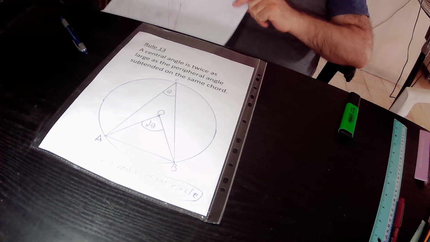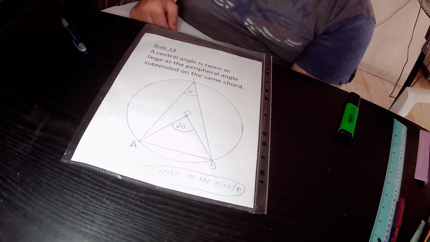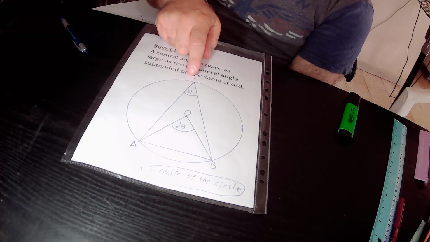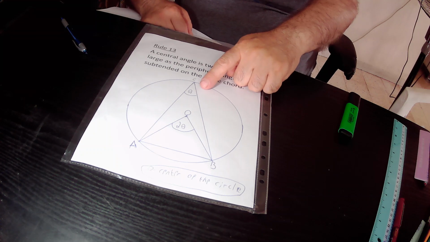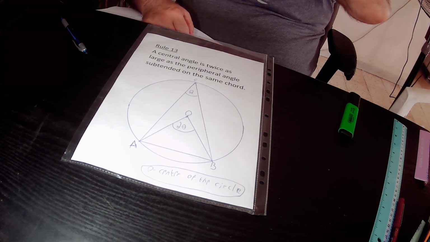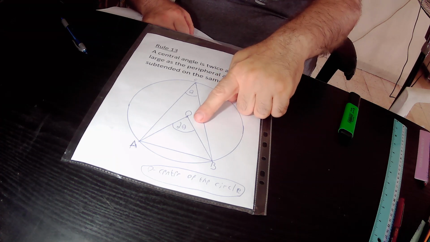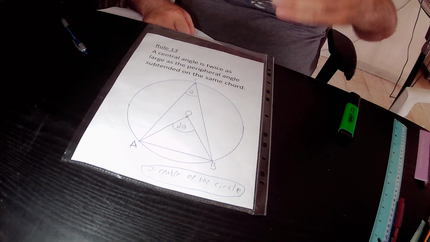In the drawing, we have a circle, and this is peripheral angle ACB. The size of this peripheral angle ACB is theta, and it is subtended on chord AB. Likewise, we have here central angle AOB, subtended on the same chord AB.